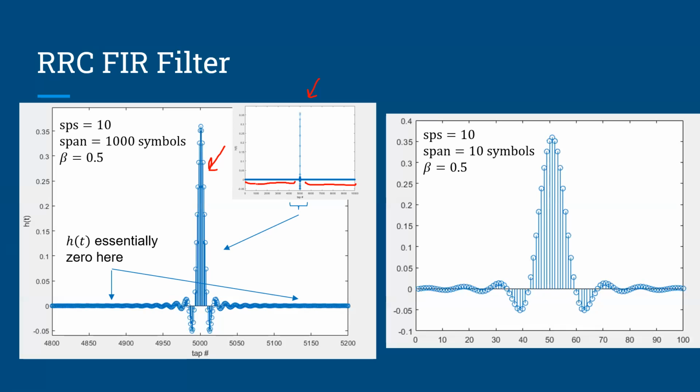So instead what we can do is chop it off at some point, and that's what this is right here. This is the entire filter from 0 to 100 taps. And at the center, we have the important bit, and you can see it fairly quickly dies down to 0, and we don't really care what happens after that, because it's an approximation, but it doesn't really affect your output too much.